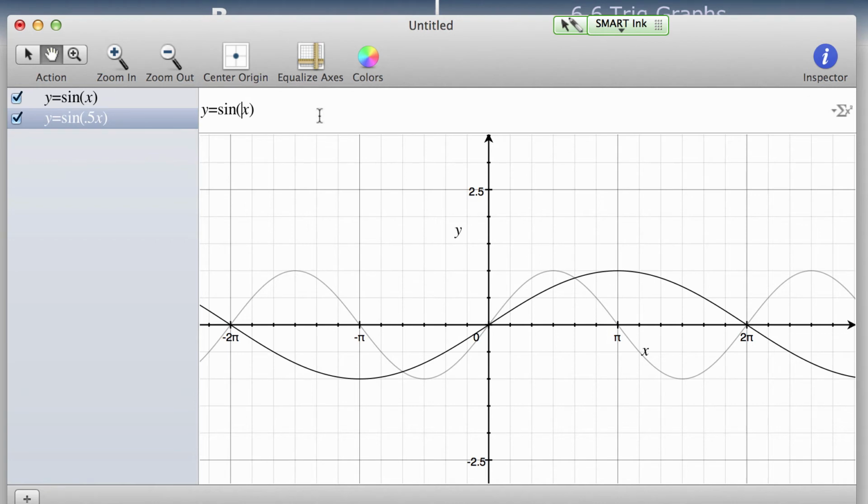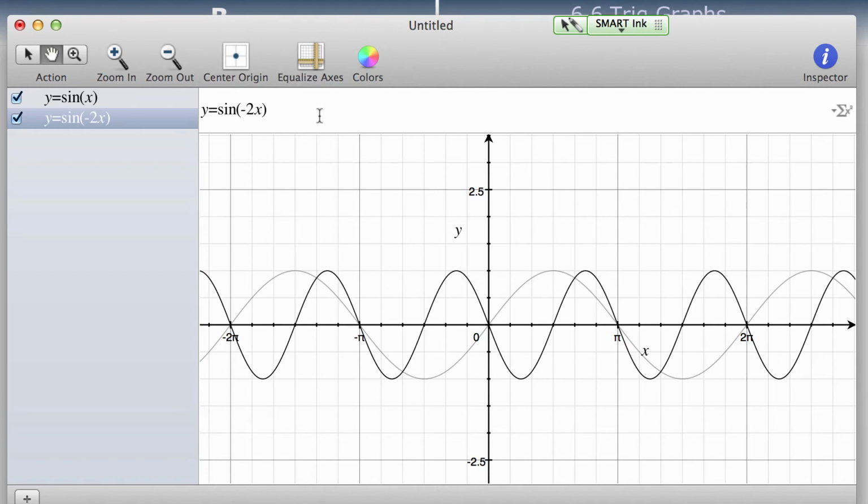What if I did a negative number? -2. Oh, something funny happened there. It still completes a period twice in 2 pi, but this time it's upside down. This one starts going up this way, but this one starts going downways. What do you think that minus did to the graph?